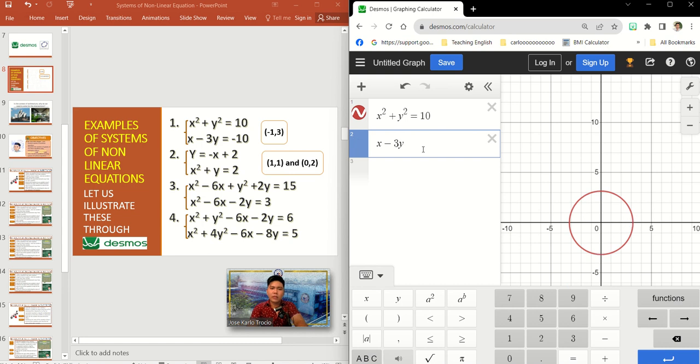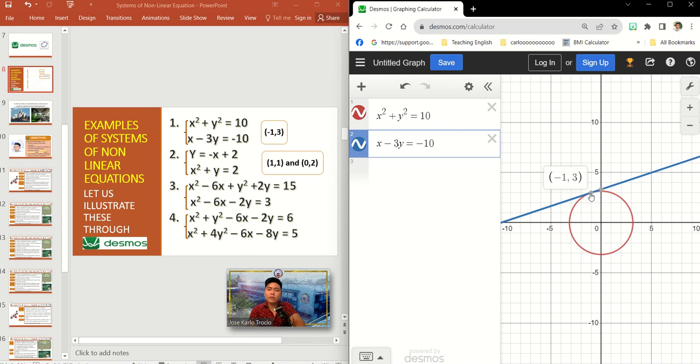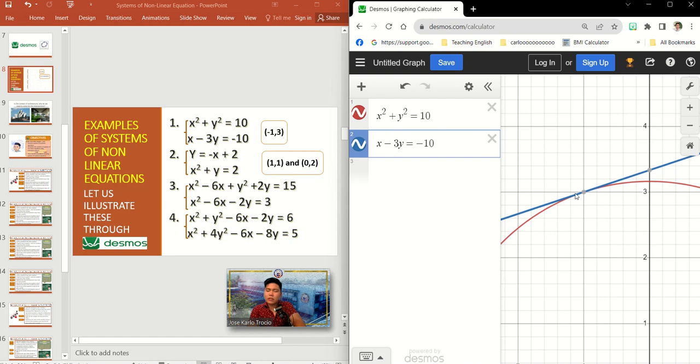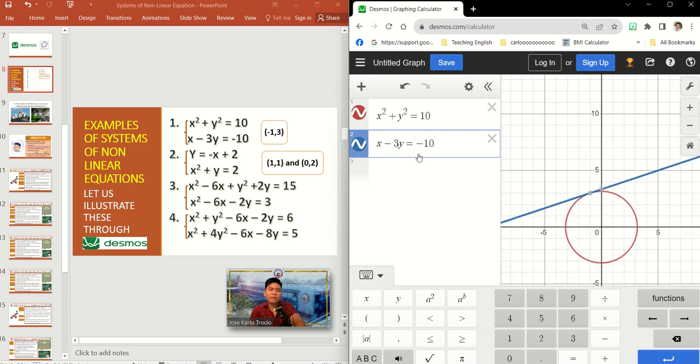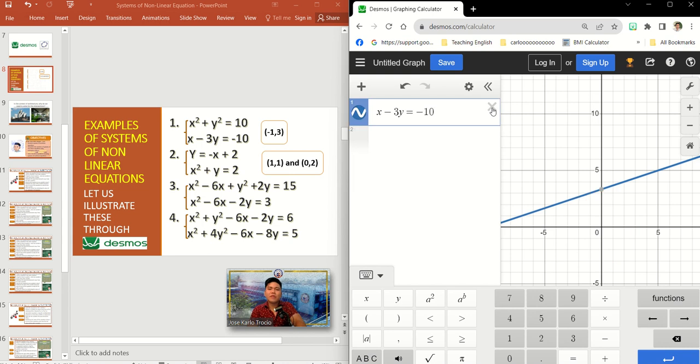Let us see. Yes, it does look like a linear equation. So they are intersecting at such a point. Here you have -1 and 3. Okay, so the solution here is (-1, 3). That's very simple, very straightforward.